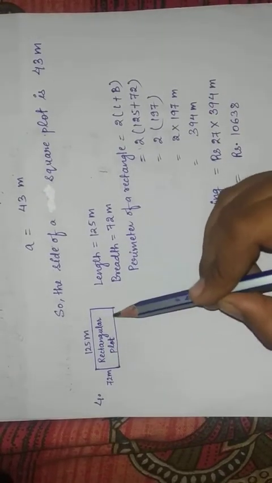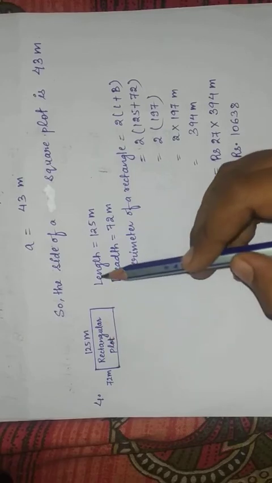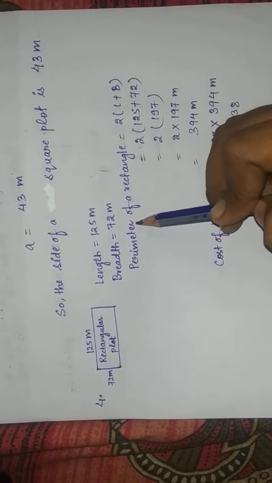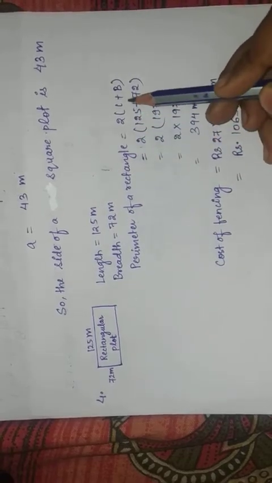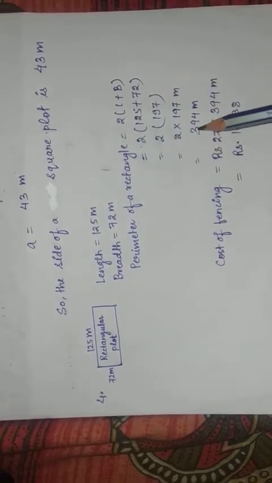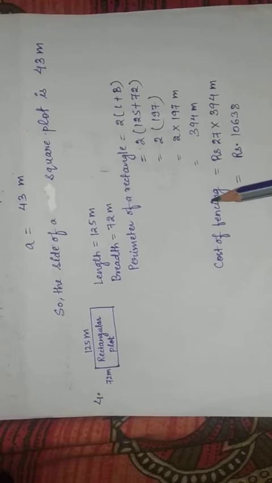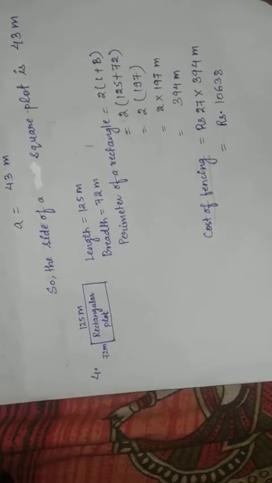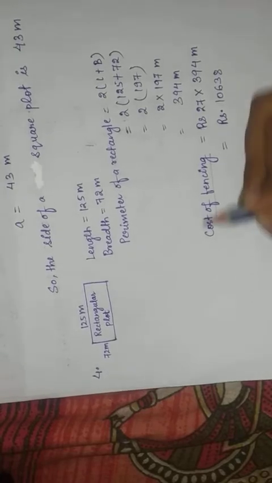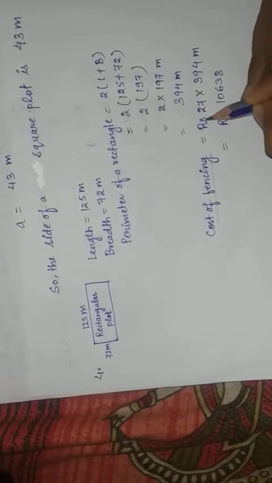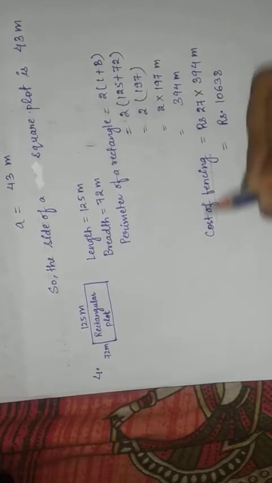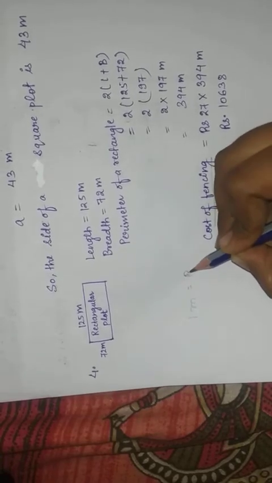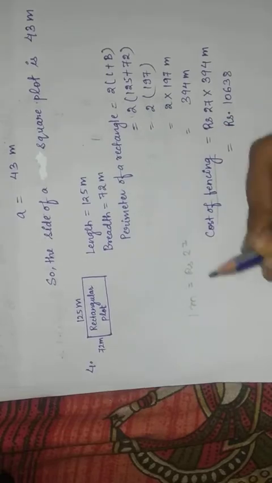Then question number 4. This is a rectangular plot whose length is given and breadth is given. You have to find out the perimeter first. So 2 into L plus B, you'll get 394 meter. Then cost of fencing. Here it is given. The cost of fencing is rupees 27 per meter. Per meter means 1 meter fencing, rupees 27.